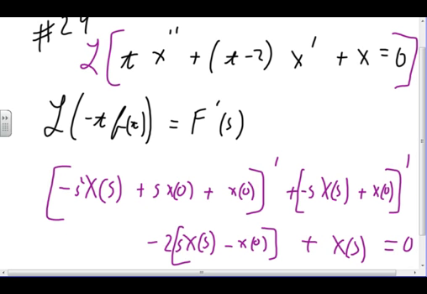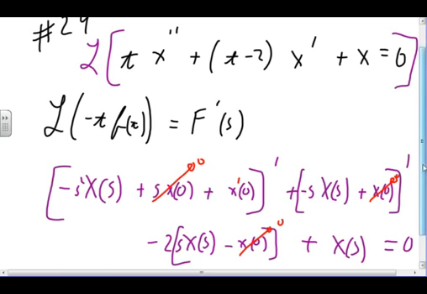X at 0 is 0. Okay, so we know that this guy is 0 from our initial condition. We know that, but this is a prime guy. We know that this guy is 0. We know that that guy is 0.